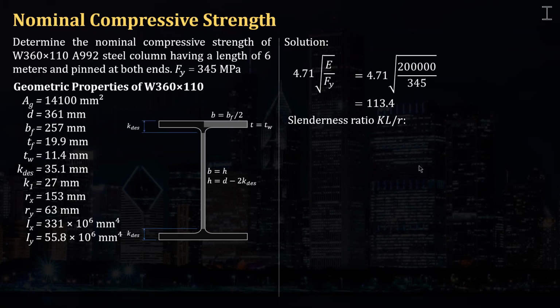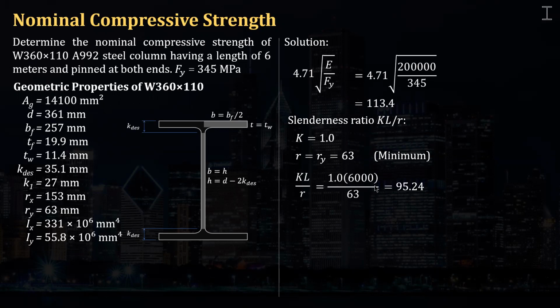Based on AISC, or the NSCP, we're going to use K equal to 1.0 for pinned connection at both ends. The r that we must use is the minimum, 63 millimeters. So KL over r is 1 times 6,000 over 63, and that would give us 95.24.